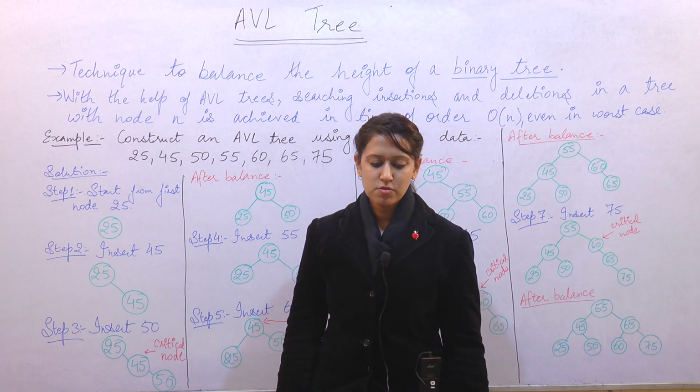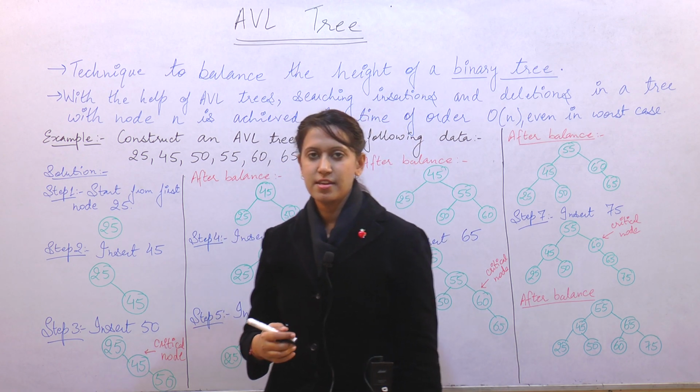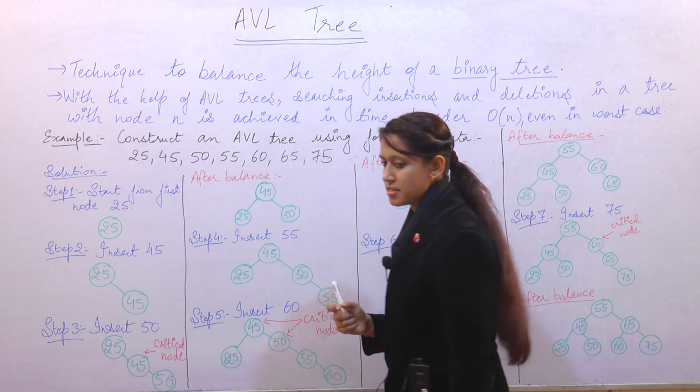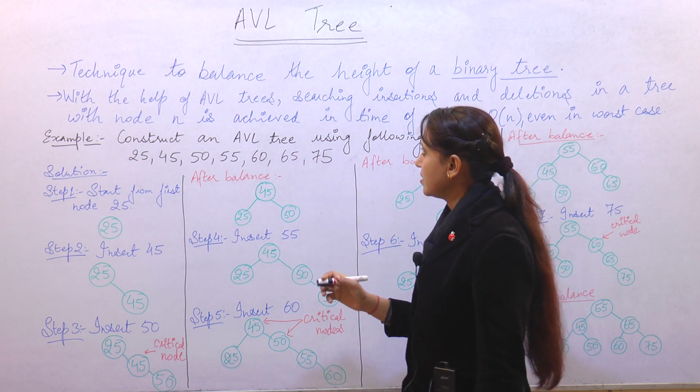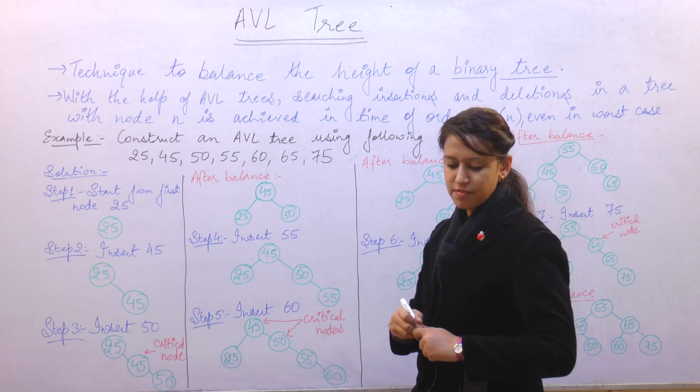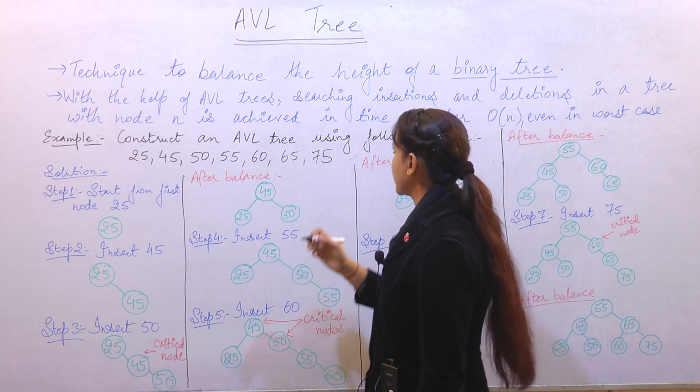In 1962, there were three Russian mathematicians. The first one was G.M. Adelson, the second one was Velsky.